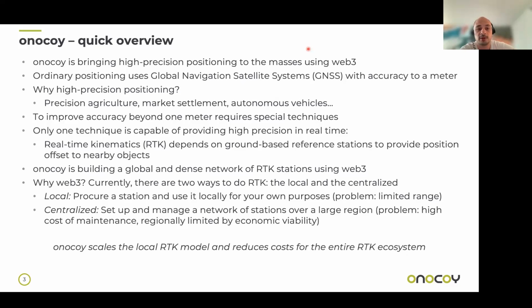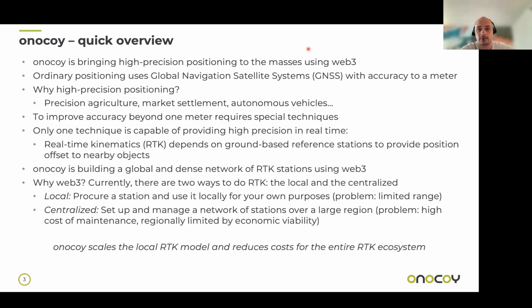So we're building a global and dense network of these RTK stations. We are incentivizing people like you to buy such a station and set it up. We only need 100,000 of these to cover the whole world, so we need to figure out how to fairly incentivize everyone in order to achieve our mission.